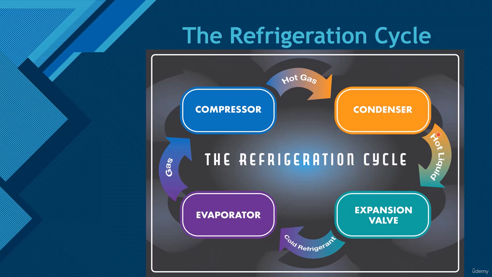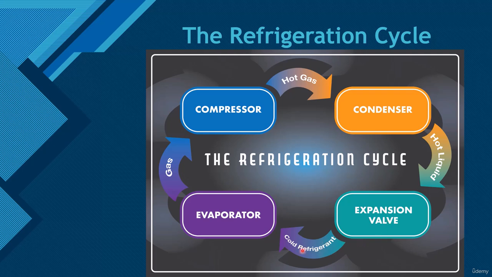And then it comes out of the condenser a hot liquid and enters the expansion valve, which is inside the evaporator coil. So these two are together in one unit, and these are together in one unit. So that hot liquid enters the expansion valve and goes through a process that's called flashing. It takes that hot liquid and sprays it into a cold gas liquid mixture.